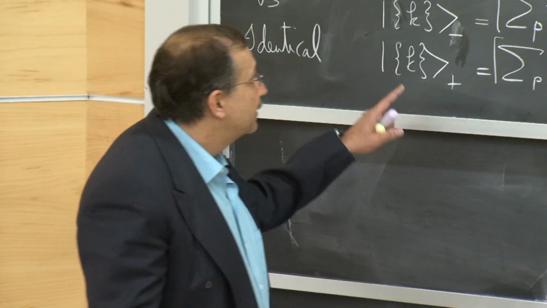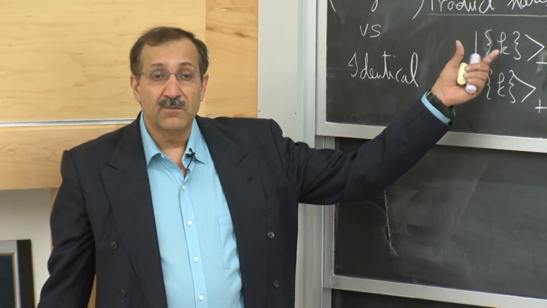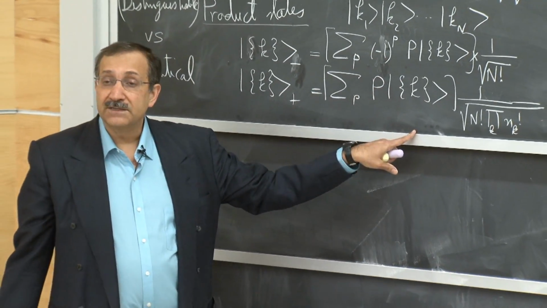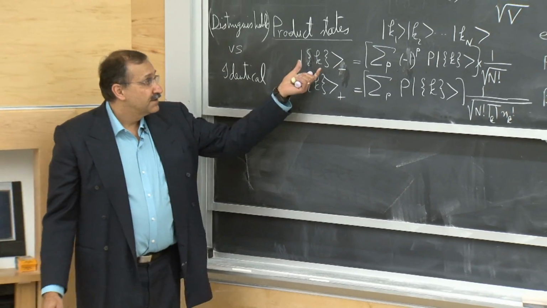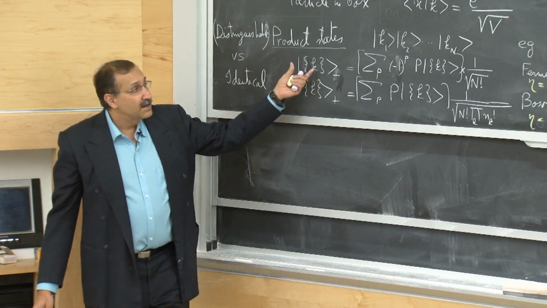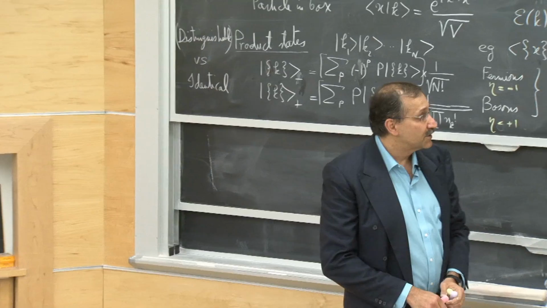Right? So over here, I could have permuted the k's in a number of possible ways. But as a result of symmetrization, anti-symmetrization, various ways of permuting the labels here ultimately come to the same set of occupation numbers.